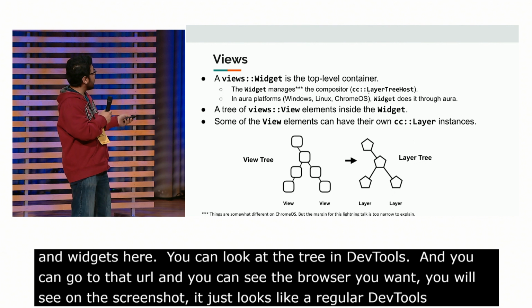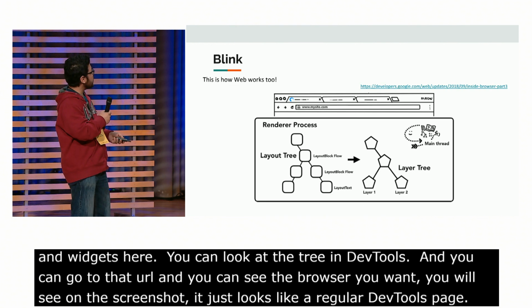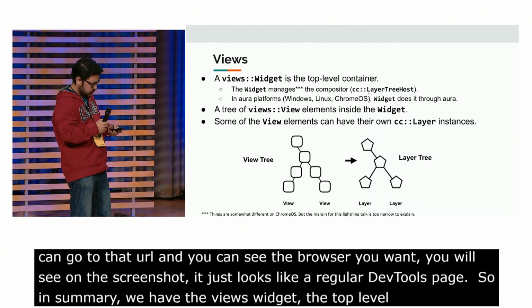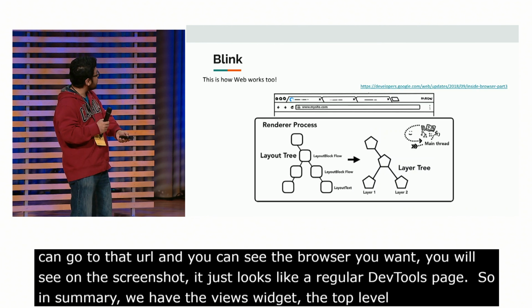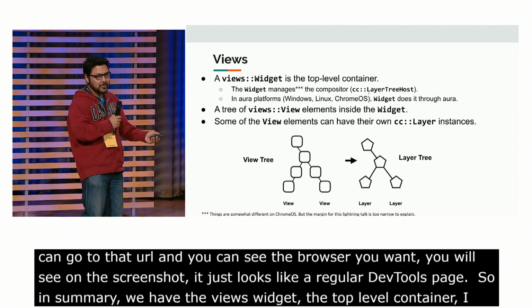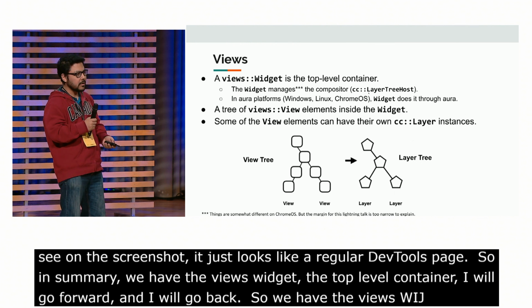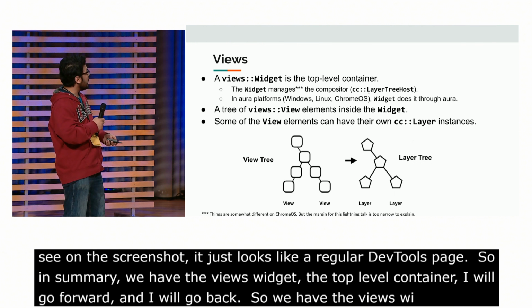So in summary, we have a views widget, which is the top level container. The widget is the one that manages the compositor, the CC compositor that we have in Chrome.